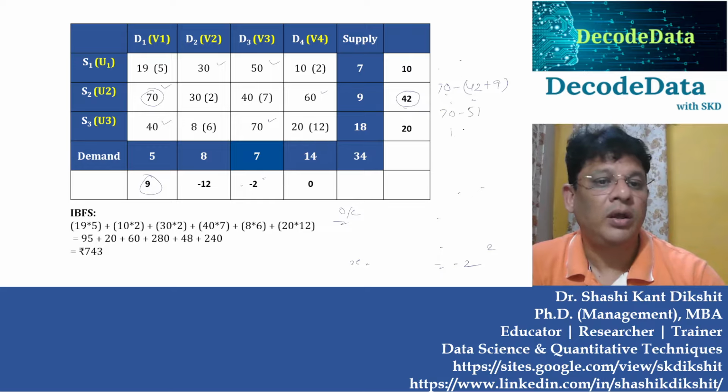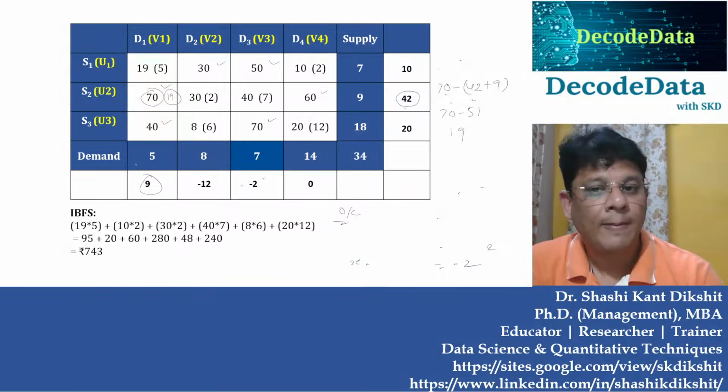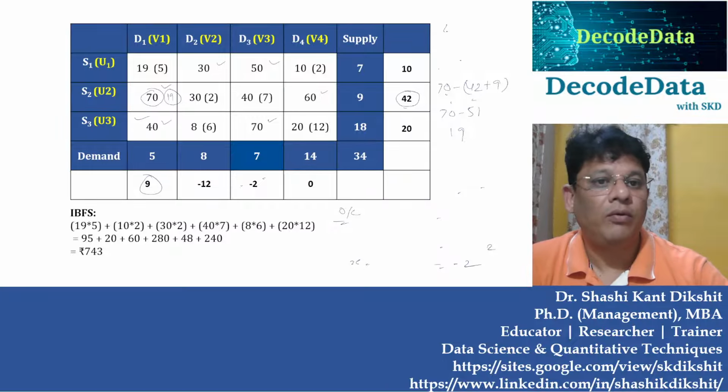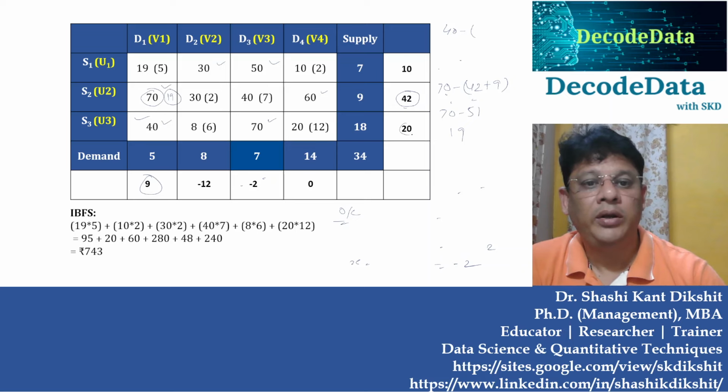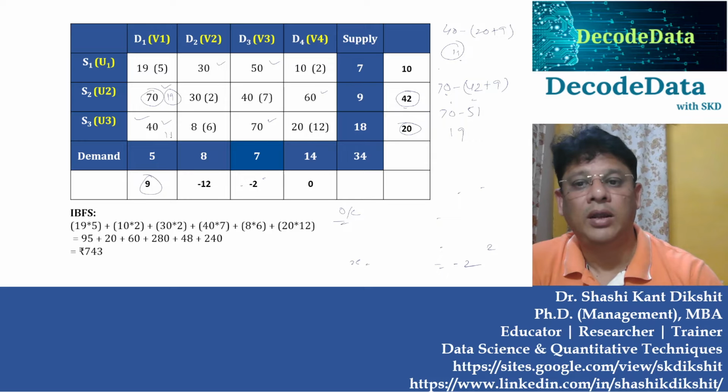So this is 19. Okay. Now let's move on to this one, 40. So we'll say 40 minus 20 and 9. So 20 plus 9. So this is 11, right? I'll mark it as 11.